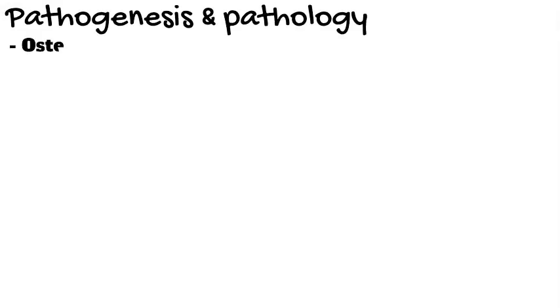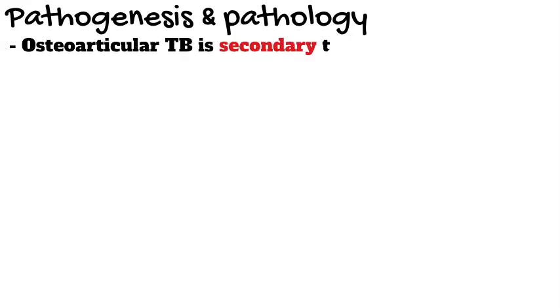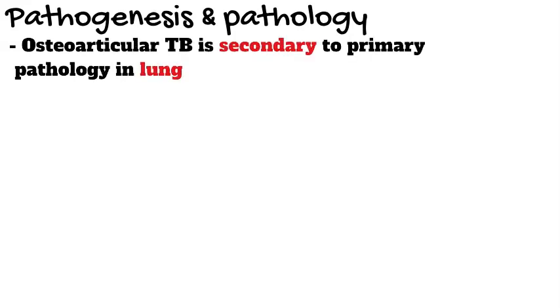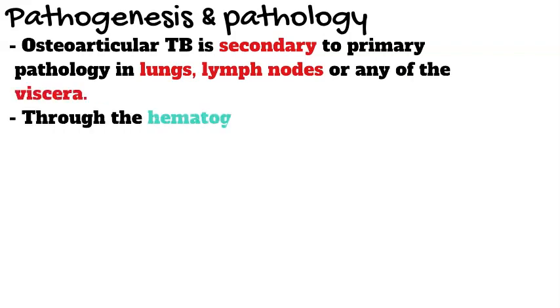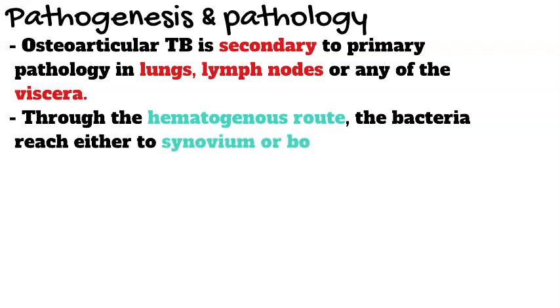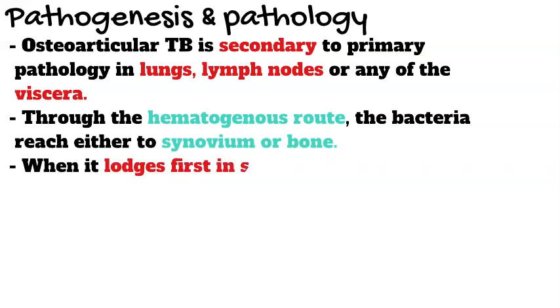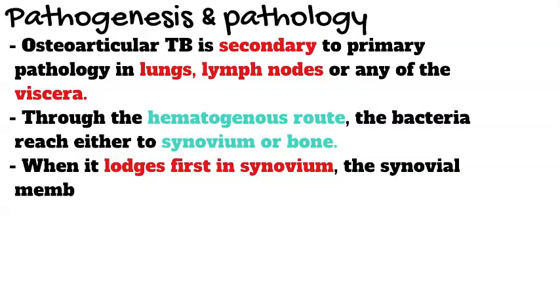Regarding pathogenesis and pathology of the TB hip, osteoarticular TB is secondary to primary pathology in lungs, lymph nodes, or any of the viscera. Through the hematogenous route, the bacteria reach either the synovium or bone.